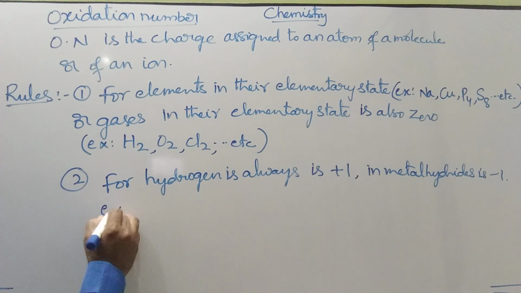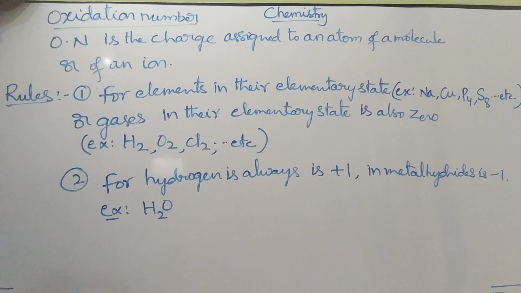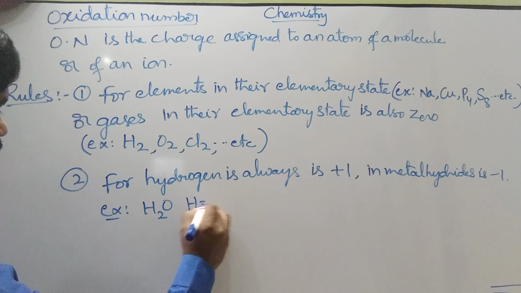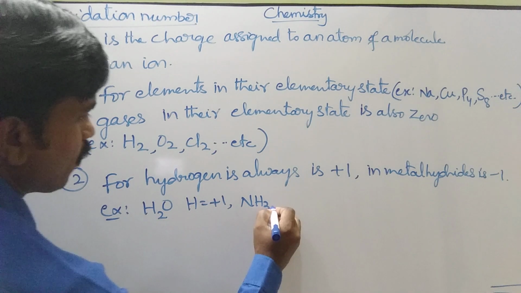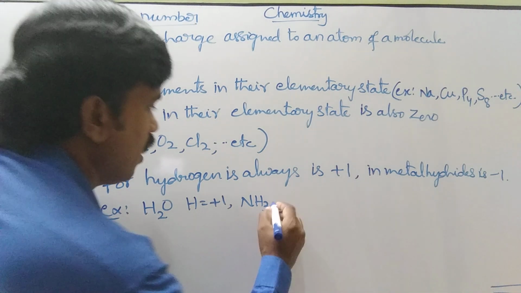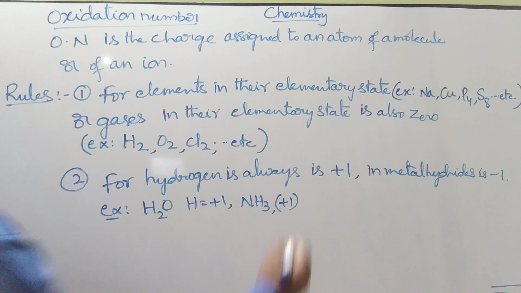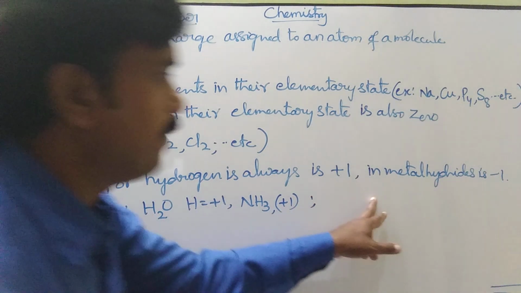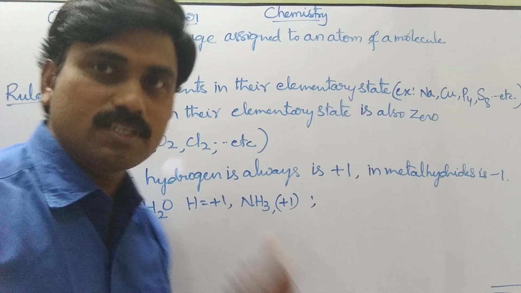Look at an example. Suppose we take H2O. In H2O, the oxidation state of hydrogen is +1. Suppose NH3. In the NH3 compound, the oxidation state of hydrogen is also +1. In metal hydrides, the oxidation state of hydrogen is -1.